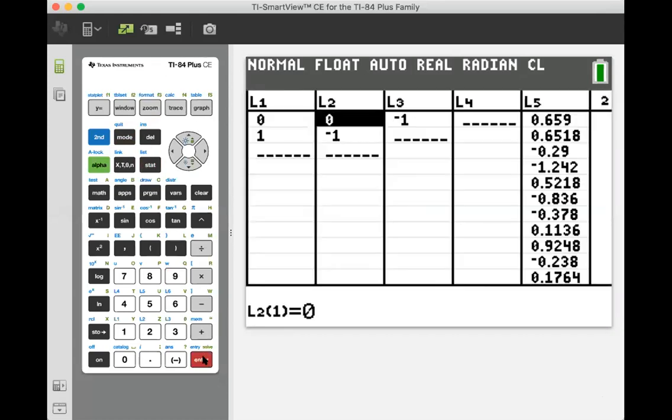enter. Oh, L1 and L2 are off. So I'm going to clear this one and clear this one and type the data in. So let's put it in.